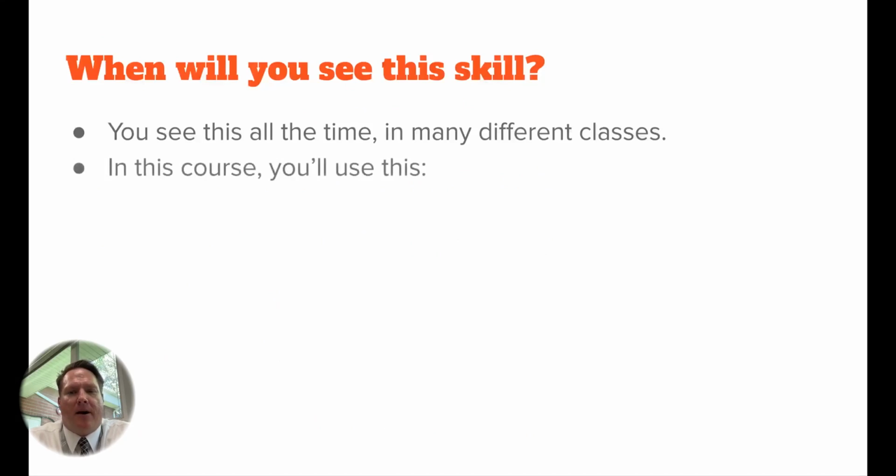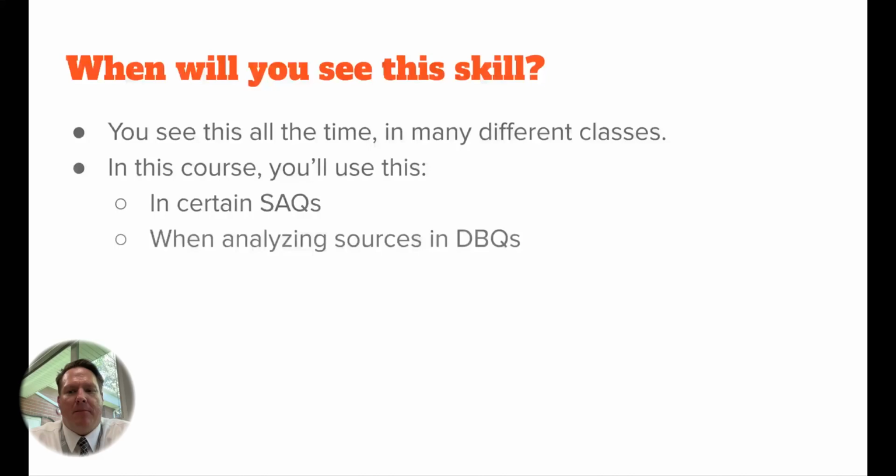In AP US History, you'll see it in certain SAQs, as in the example that we'll practice here in a minute. And every year, one of the SAQ questions will be in this format. It could also be in a DBQ, and it'll be really important there because you're going to have documents that you will need to build arguments based upon, okay?